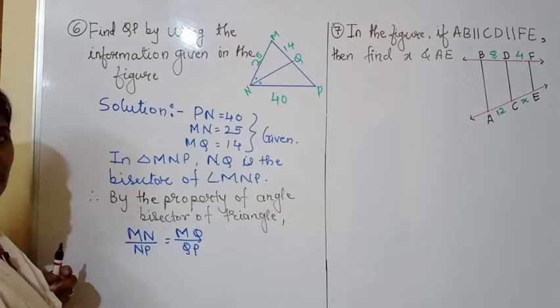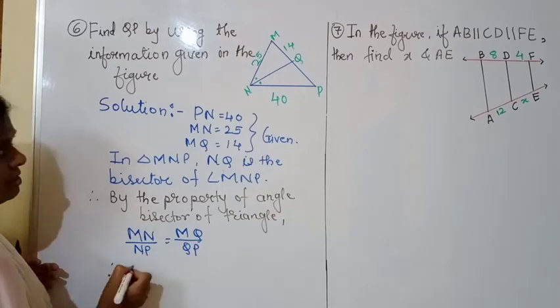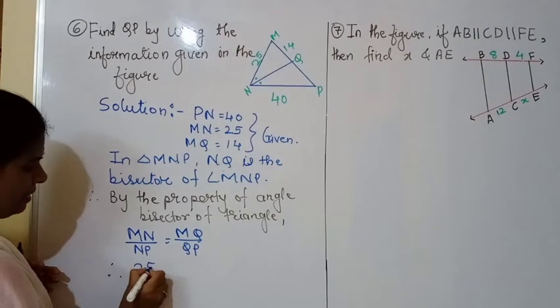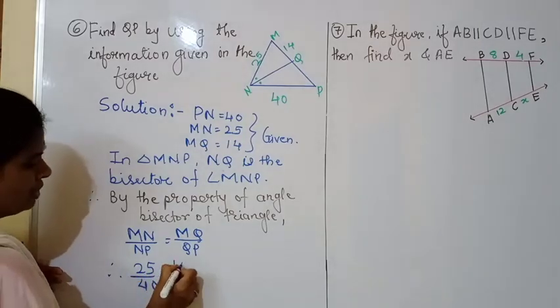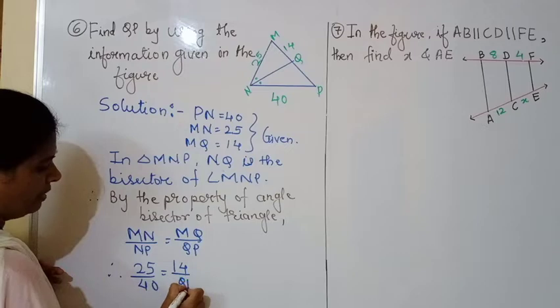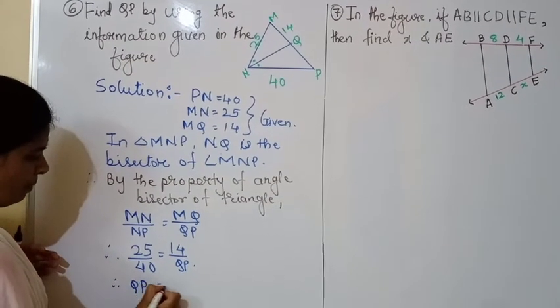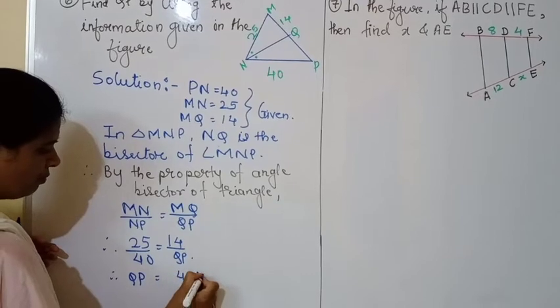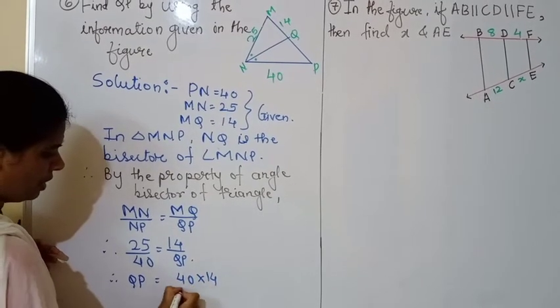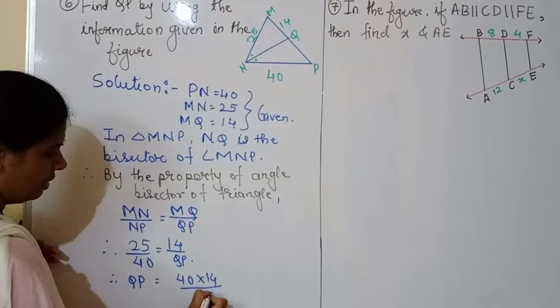Now we write the values. MN is 25, NP is 40, NQ is 14, and we have to find QP. Therefore QP is equal to 40 into 14 upon 25.